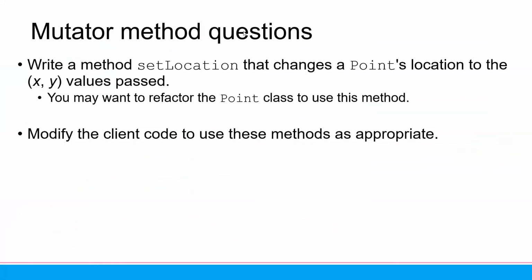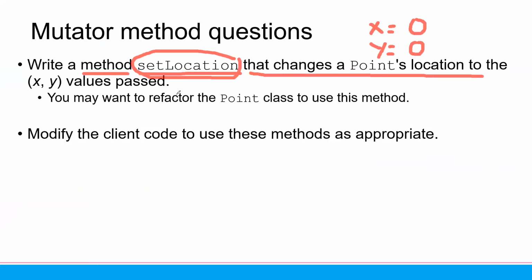So let's see, if I want to make a method, set location. You know that X is originally 0 and Y is originally 0. So I'm going to set the location. Whenever I have a new object, let's set a new location. So the X and Y will have new values.